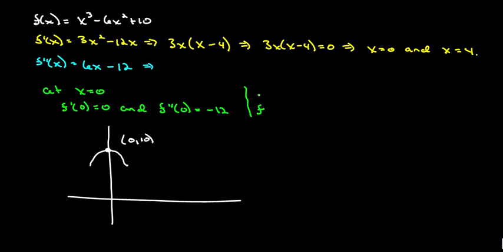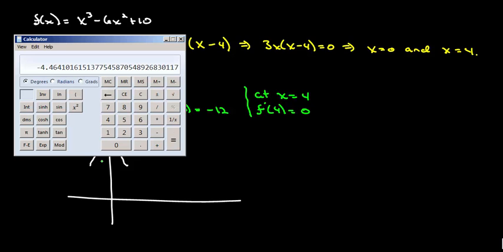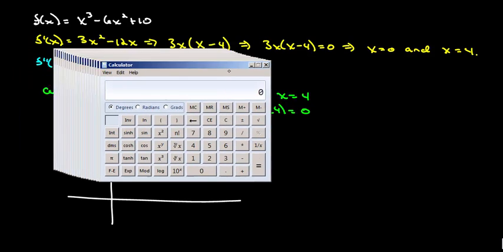So at x equals positive 4, we know f prime at 4 is equal to 0. That's when we plug it into here. We also know at 4, let's just do the calculation here so we can tell how high we're at.